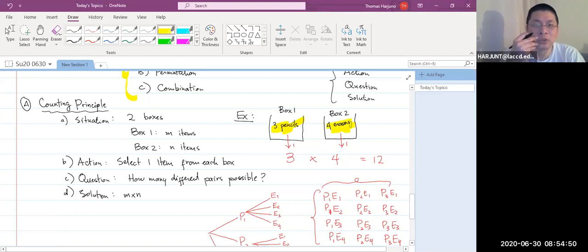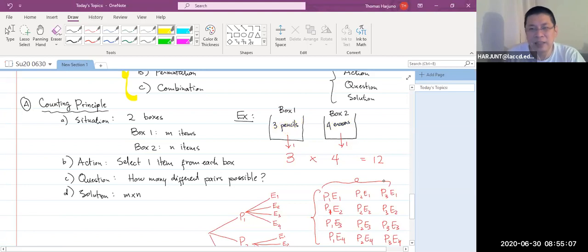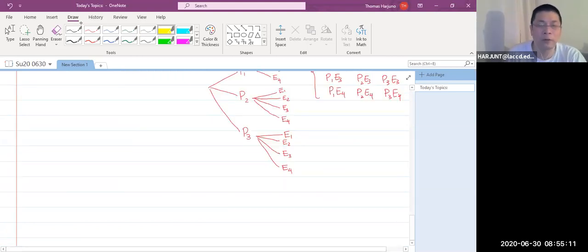Then how many different pairs you possibly have, in this case, will be 3 times 4. Okay, now let's do some other similar examples. Even though I say similar, the question may look very different.